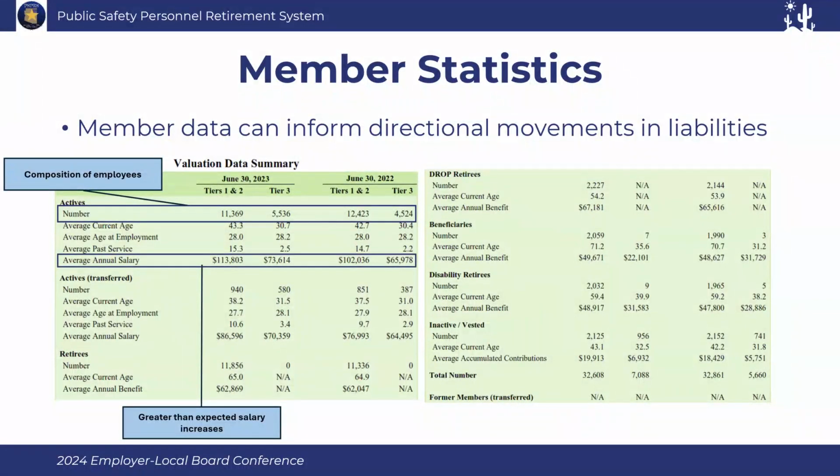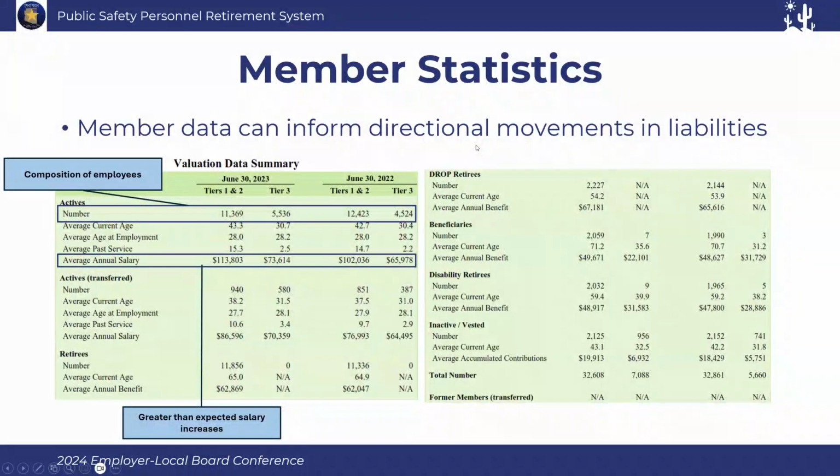And as I said, we've been seeing a lot of examples so far this spring with the recent reports of salary increases in the 10, 15, 20% range from the prior year. And that's going to be pushing up the cost of that projected benefit in the future greater than what was expected. And again, I'll show you that assumption table in the next slide on what the actuaries assume.